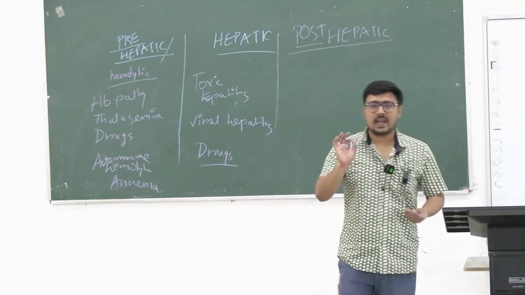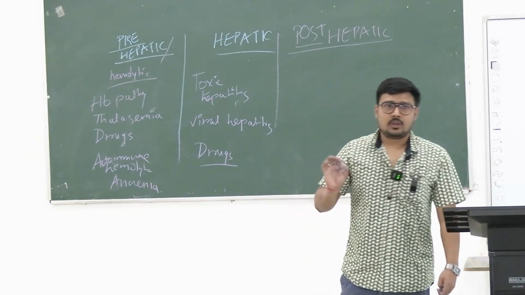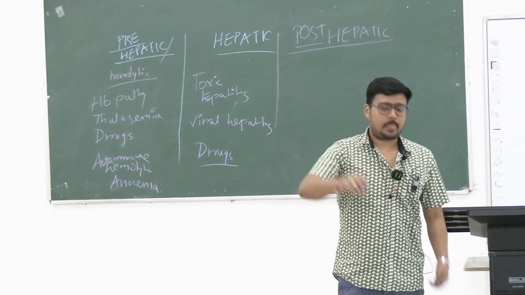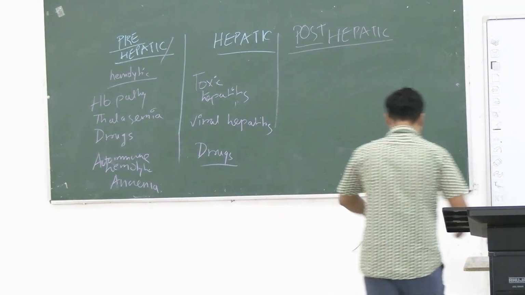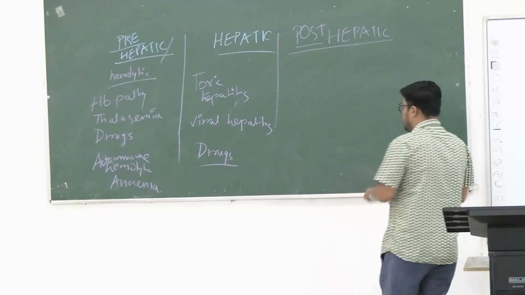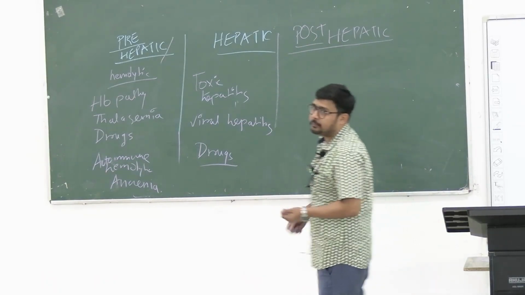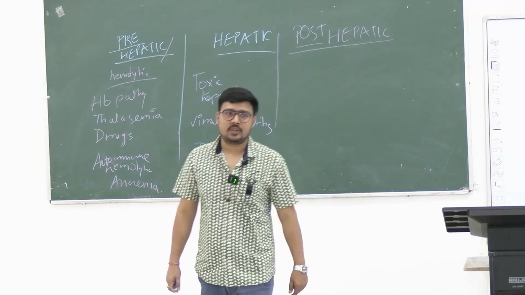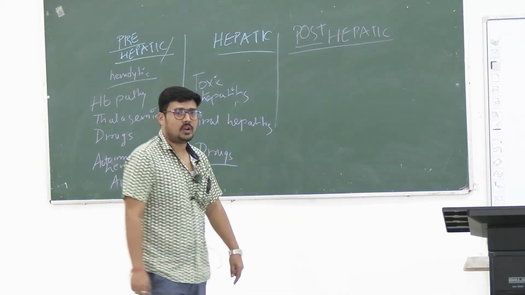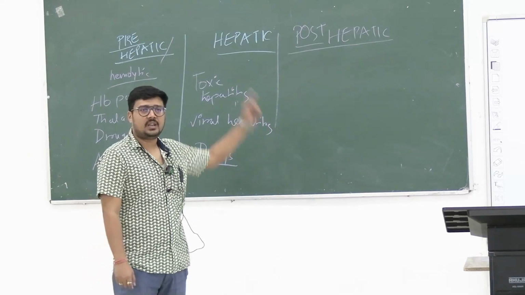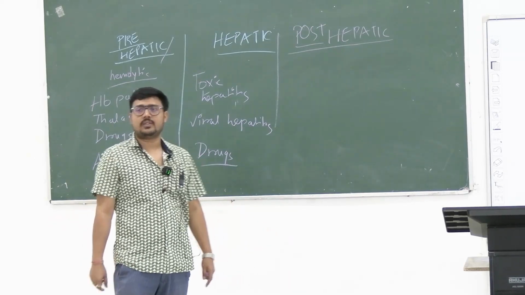Up to this, is it clear? Can everyone understand? Any question up to this point? Now next is post-hepatic. So there is entirely a transport failure, logistic failure: post-hepatic jaundice, cholestatic jaundice, obstructive jaundice, surgical jaundice, all terms are synonymous.